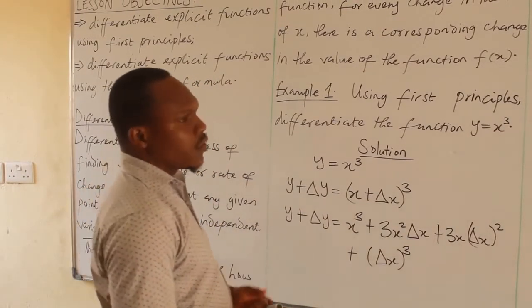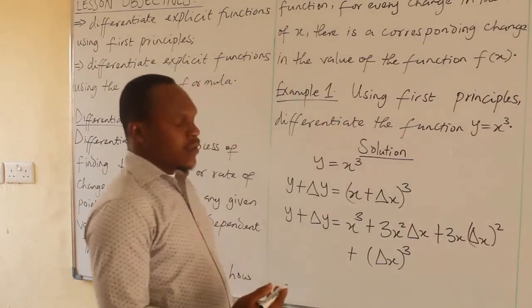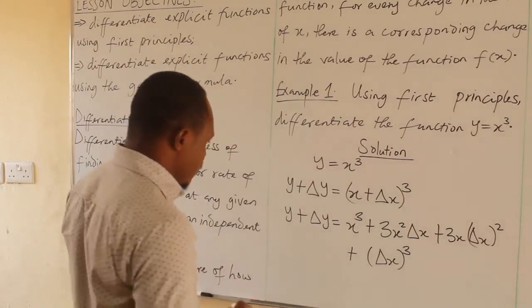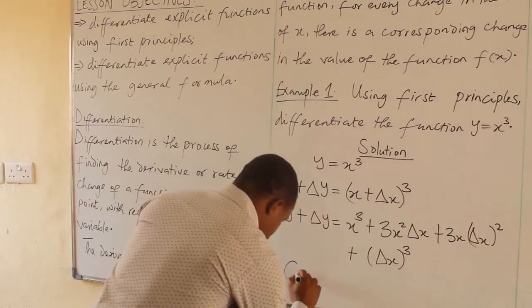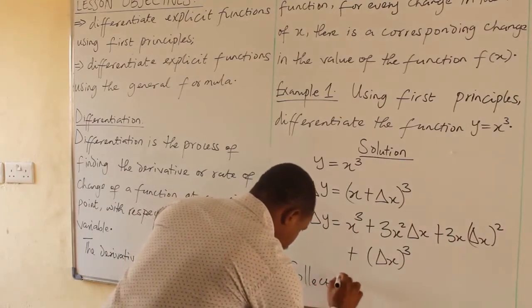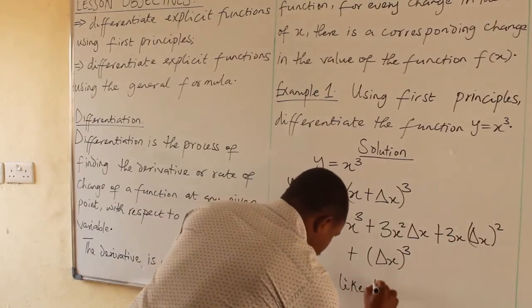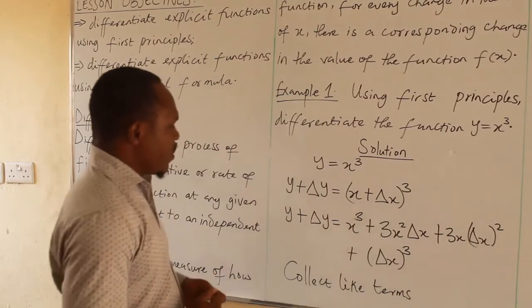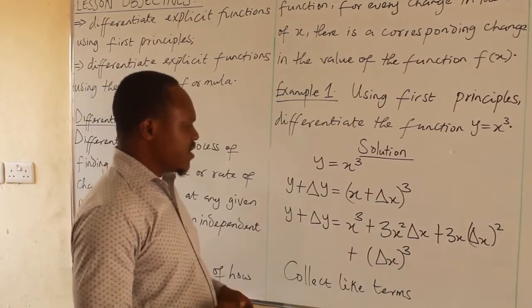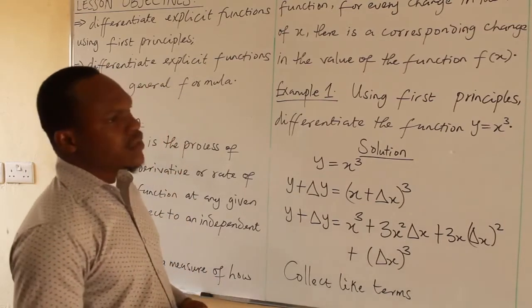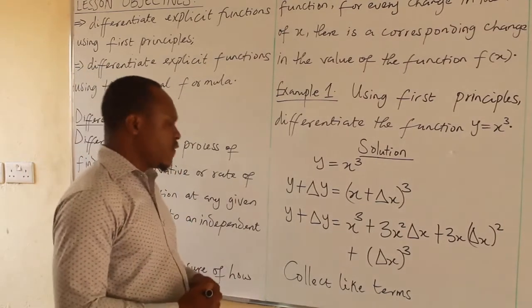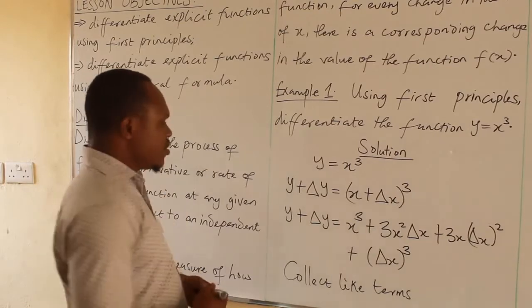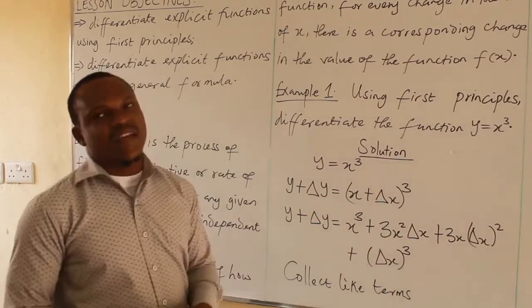Next, we're going to collect like terms. We have y plus delta y, but we are looking for the derivative of the function, so we need just delta y on the left hand side of the equation.